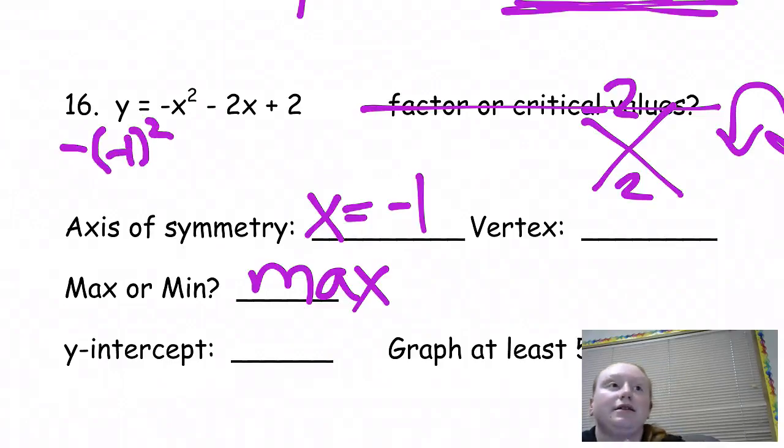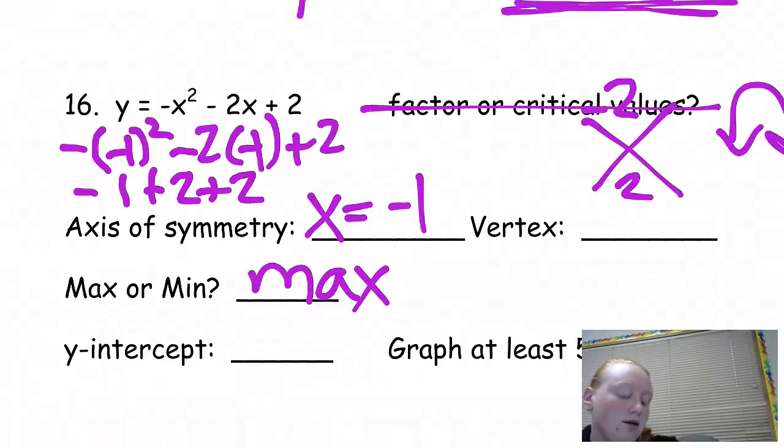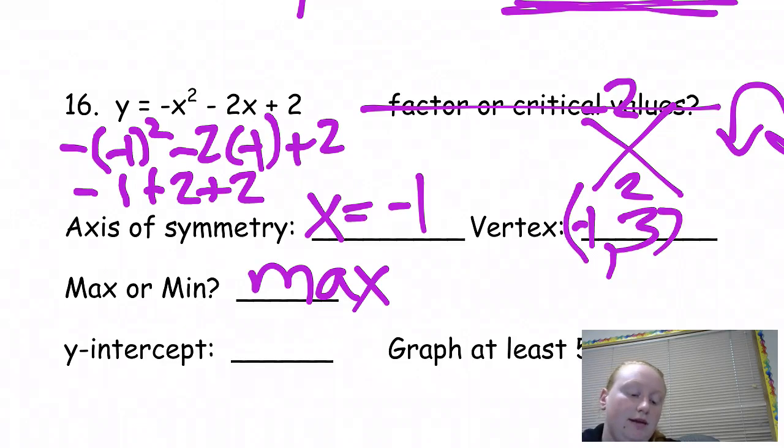This gives me positive 1, but it's a negative on the outside, so I get a negative 1. Minus 2 times negative 1. 2 times negative 1 is negative 2, but a minus makes a plus. Plus 2, plus 2. 2 plus 2 is 4, minus 1 is going to be 3. But my vertex isn't just a 3, it is that negative 1 comma 3.